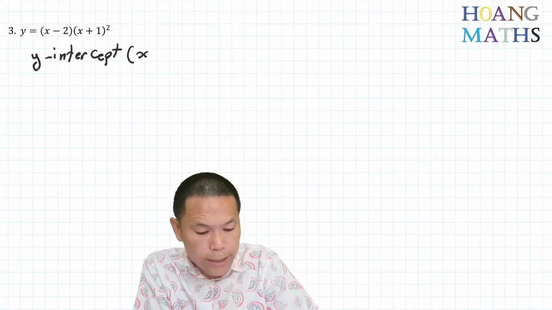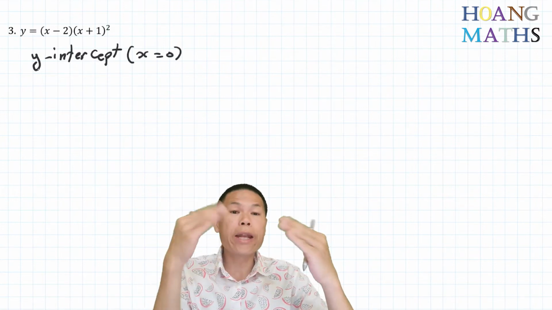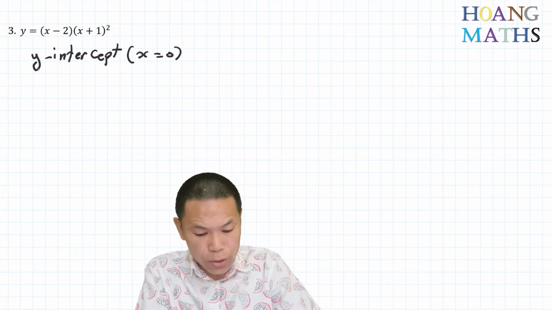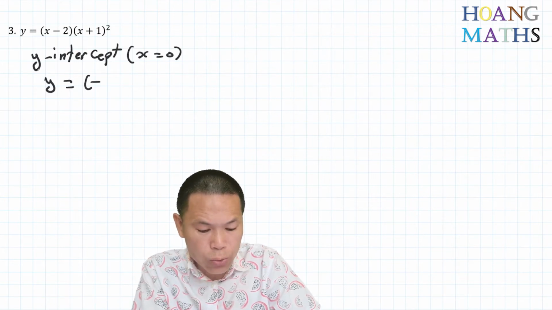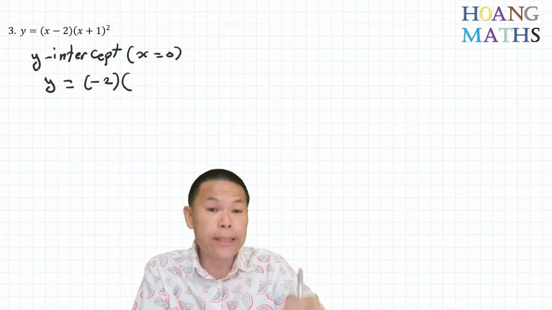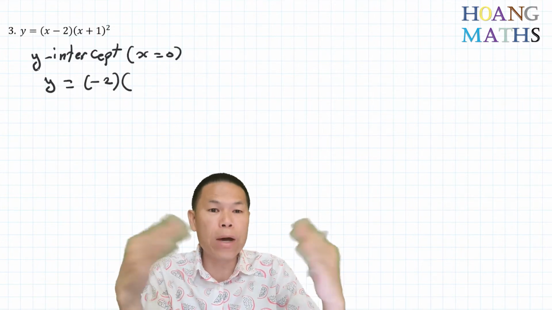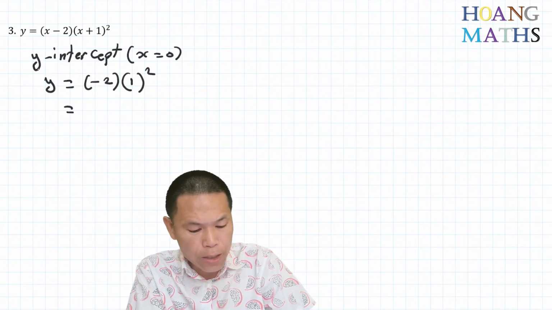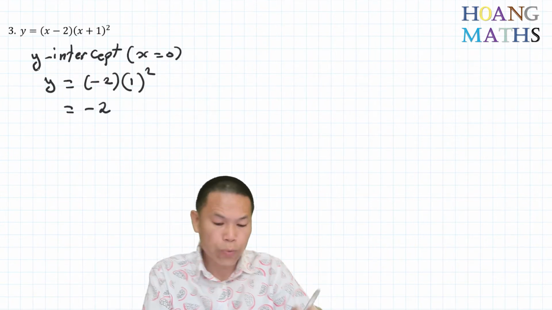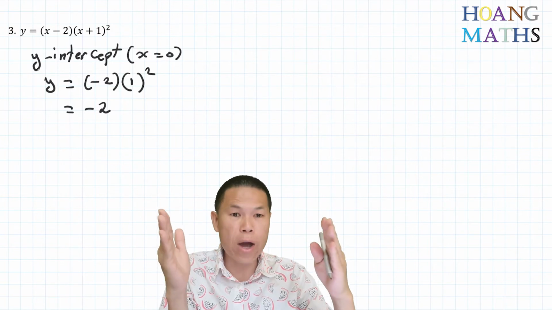That is when x is equal to 0. So when x is equal to 0, y is equal to 0 minus 2, which is negative 2, and 0 plus 1 is 1, and 1 squared is 1 anyway, but I just write this for now. So that gives me negative 2. So negative 2 is the y-intercept.